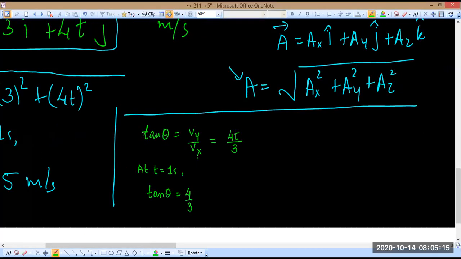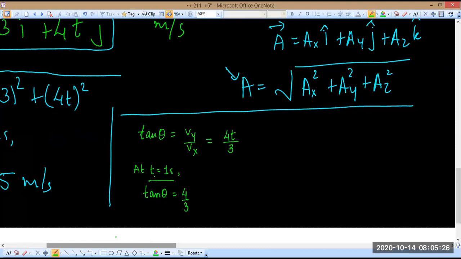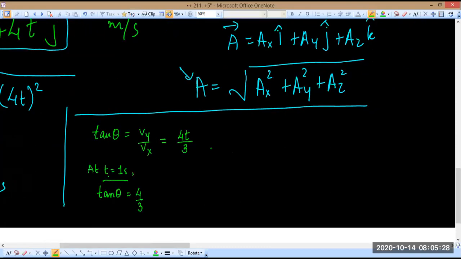So tan theta is Vy by Vx. That is equal to 4t by 3, right? And we put t equal to 1. So we get tan theta is 4 upon 3, right? So now, based on that, we have got the answer.